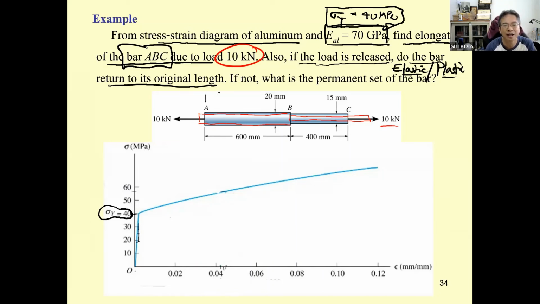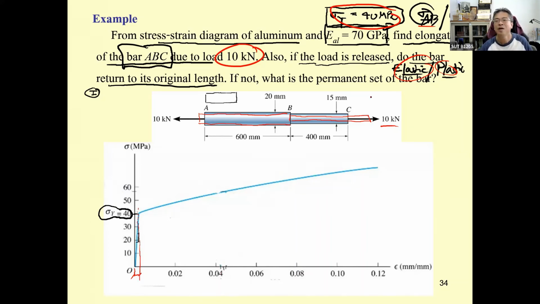To determine elastic or plastic, you have to determine the stress of AB and the stress of BC, and then check this behavior by comparing the obtained stress with sigma sub y. If it's small, it's going to be in the elastic portion. If it's large, it may come to the plastic region.